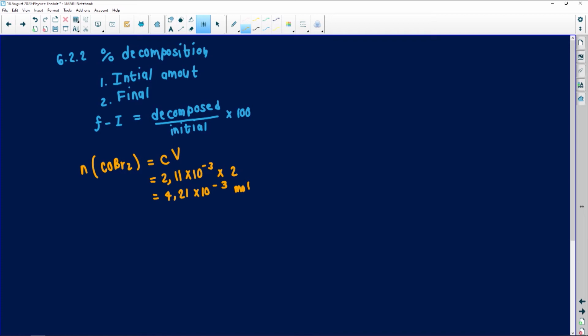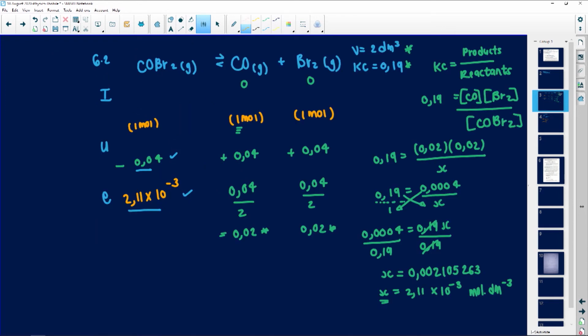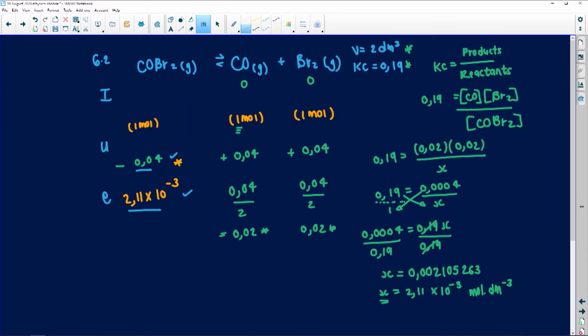But now let's find the initial moles. So if I say C of COBr2, the initial ones. If I'm looking for initially, what do I have? I know that I've used 0.04, and this is what was used. Where did I get this answer? It is a mole ratio of 1:1:1.